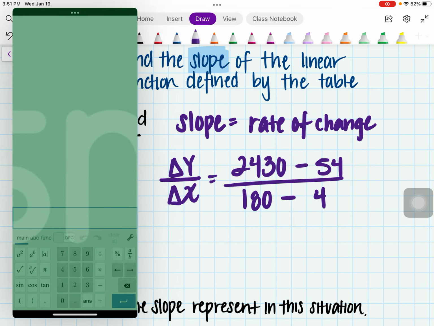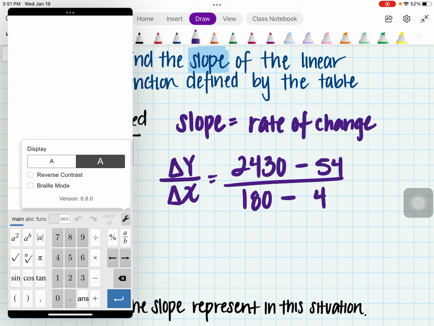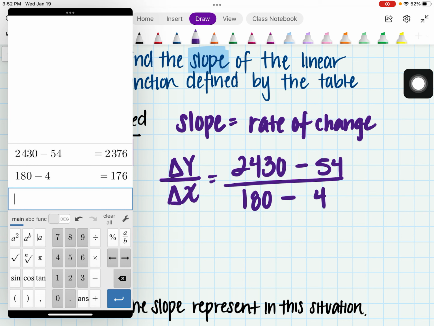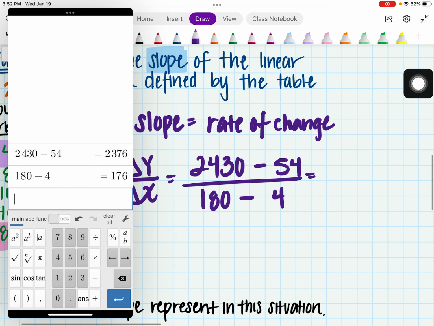So I'm going to go ahead and bring out my calculator here. I'm going to do 2,430 minus 54. And then we're going to do 180 minus 4. Now, we're going to divide both of those.